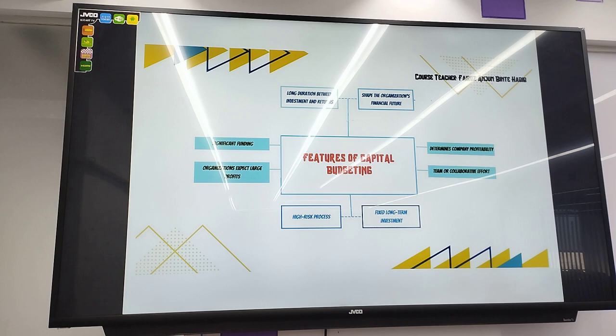In the features of capital budget, here you can see the 4 points. It provides a common ground for lenders and borrowers to connect with each other. It's a significant funding source for the lender as well as the borrower. The organization can expect large profit. The market functions under regulations set by the government.